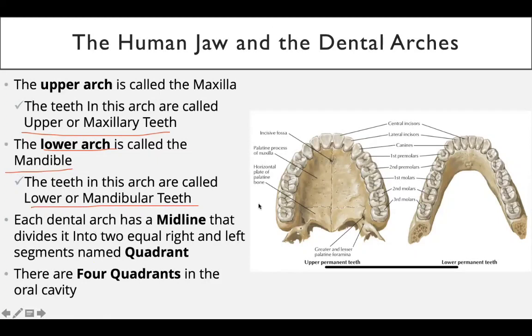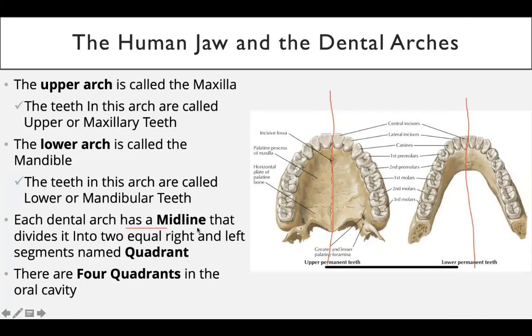Each dental arch has a midline here that divides it into equal right and left arches. So the midline they are talking about is an imaginary line which will divide it into right and left halves, and these right and left halves will be known as quadrants.